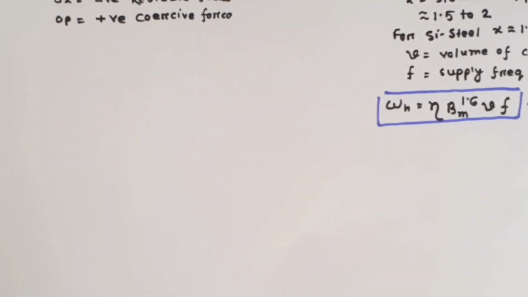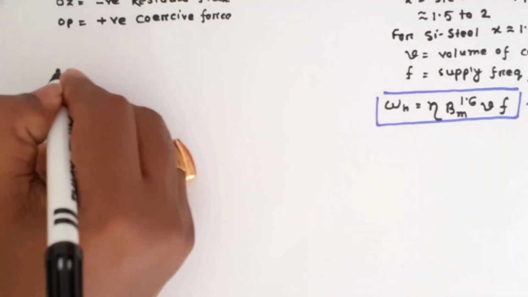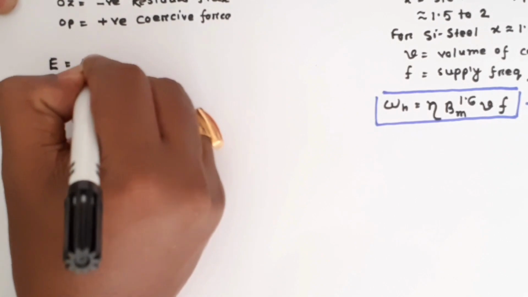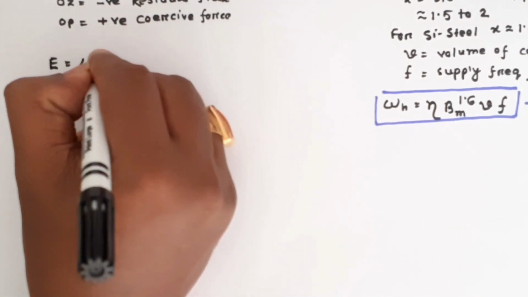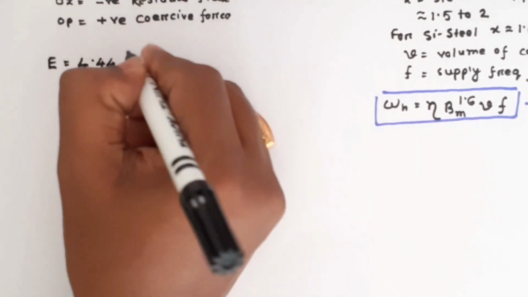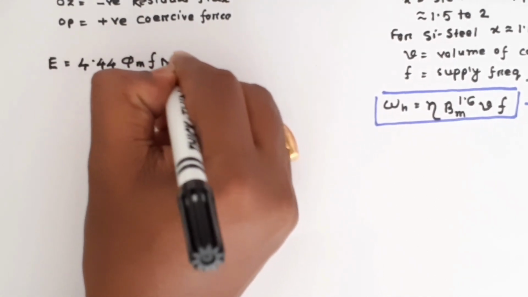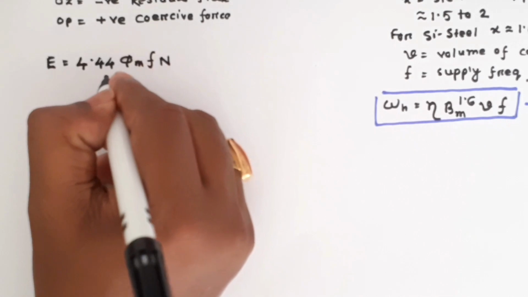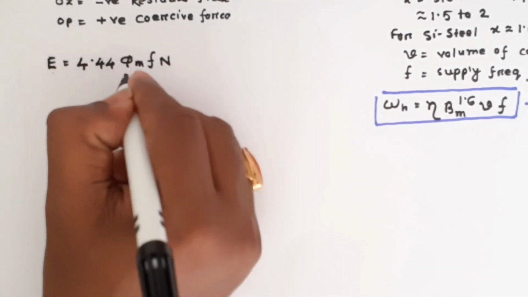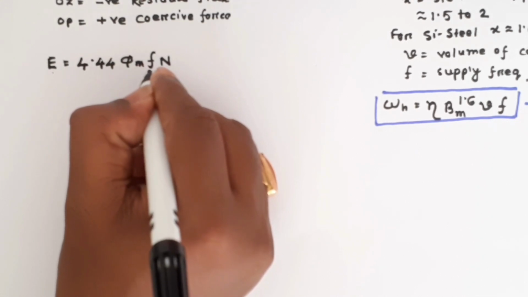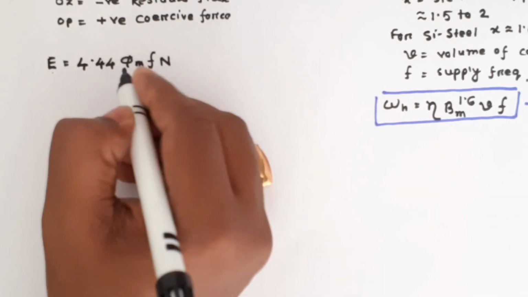All of you know the EMF equation of transformer. The EMF equation is given by E equal to 4.44 phi_m F N, where E is the induced EMF, phi_m is the maximum flux, F is the frequency, N is the number of turns.